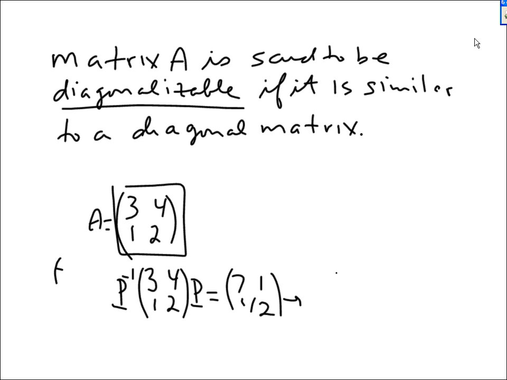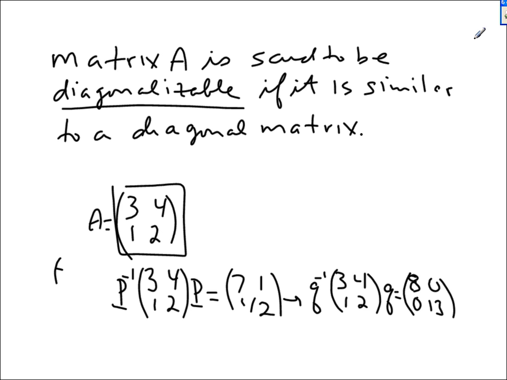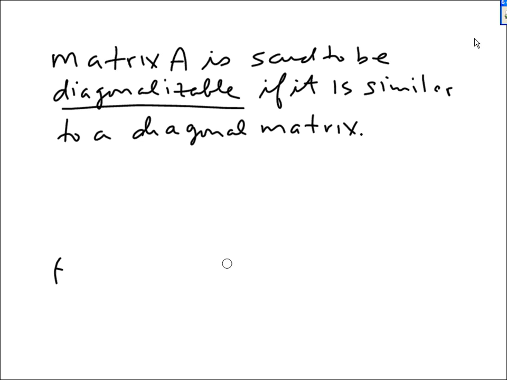It is possible that if I take 3, 4, 1, 2, and I multiply it by Q inverse and Q, then I get 3, 0, 0, 13, or 8, 0, 0, 13. Now I can say, yep, A is diagonalizable. So just because you can find some P and P inverses that do not give a diagonal matrix, that doesn't mean A isn't diagonalizable. Try different matrices. Okay.